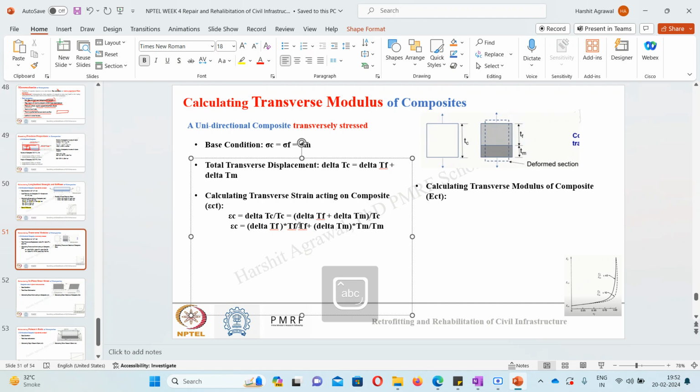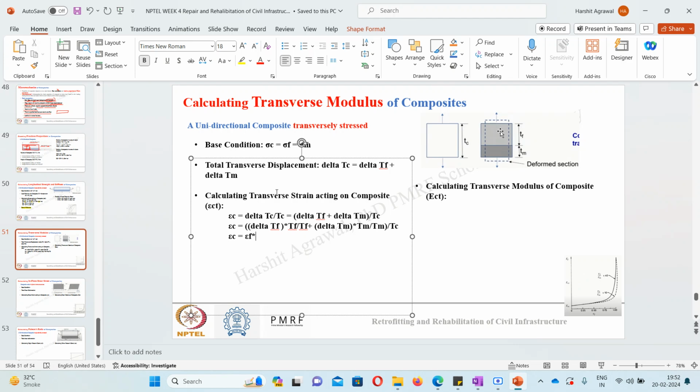Now, delta TF by TF is nothing but strain in fiber. Delta TM by TM is nothing but strain in matrix. And this whole is divided by TC. So what will my equation become now? My strain in composite will be equal to strain in fiber times TF by TC.